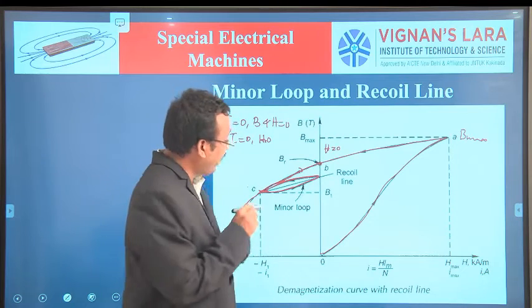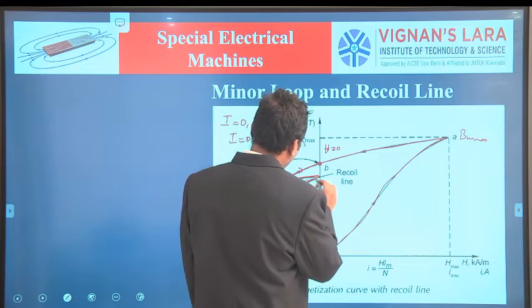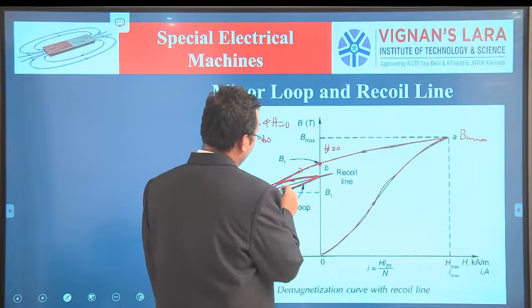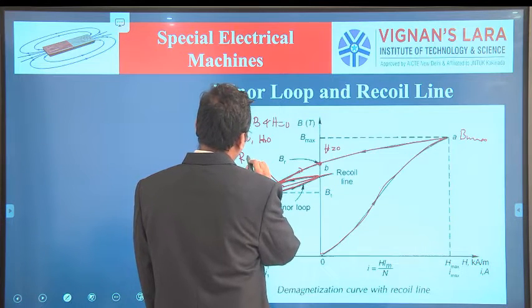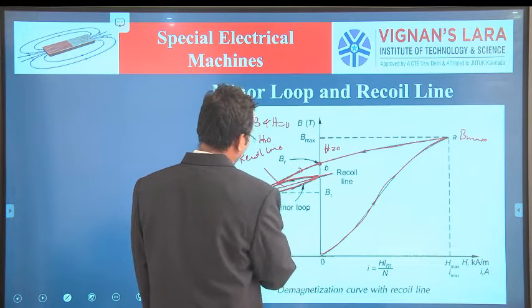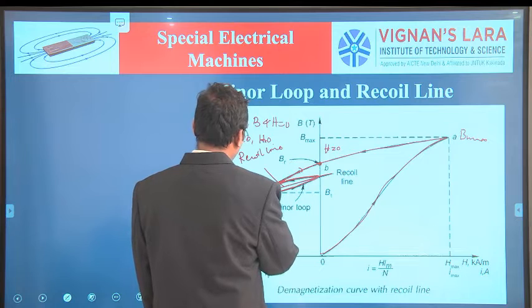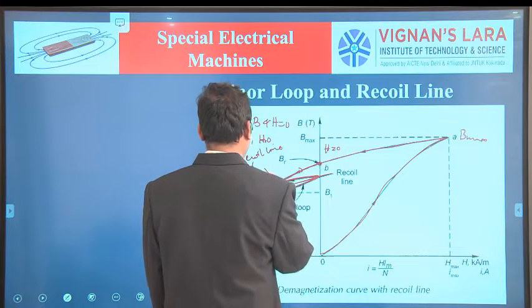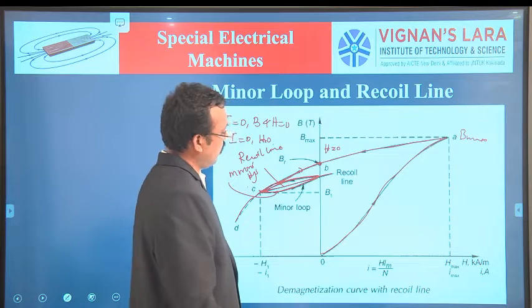We draw one straight line on the loop, and this line is called the recoil line. This loop is called the minor hysteresis loop.